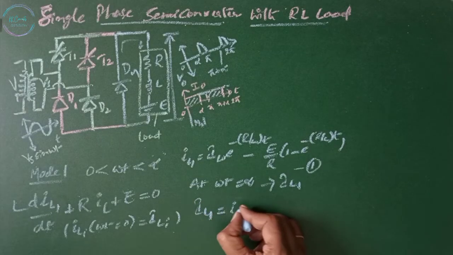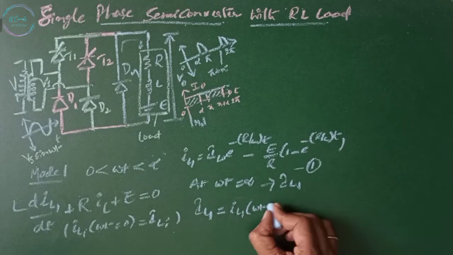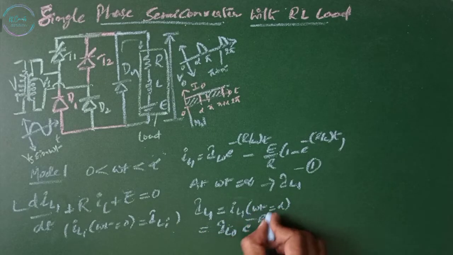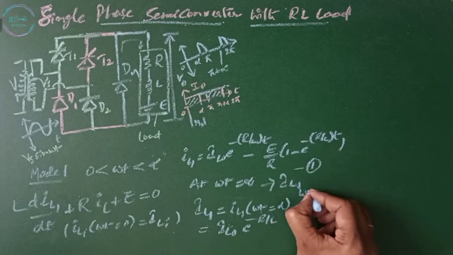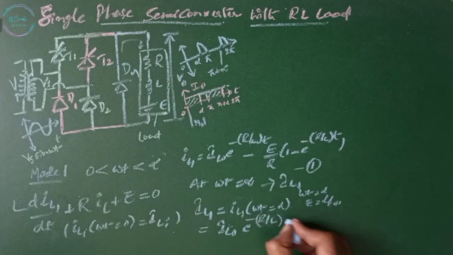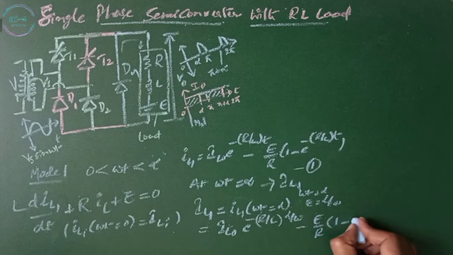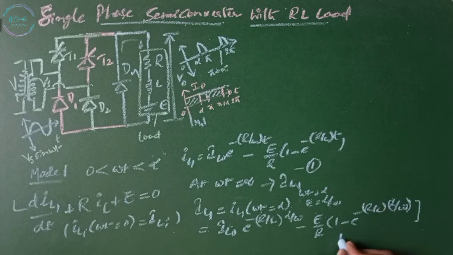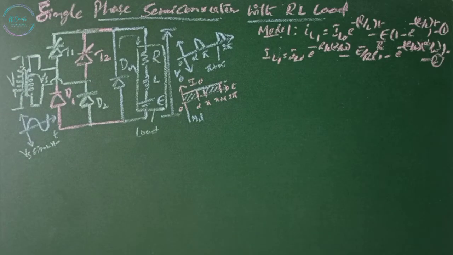IL1 equals IL1 at omega t equals alpha, which is IL0 e to the power of minus R by L, with omega t equals alpha, so t equals alpha by omega, multiplied by alpha by omega, minus E by R times 1 minus e to the power of minus R by L alpha by omega. This is for IL1 greater than or equal to 0. That is equation number 2. So we got the two equations in mode 1, at 0 and at alpha.